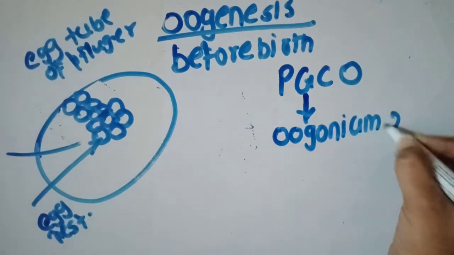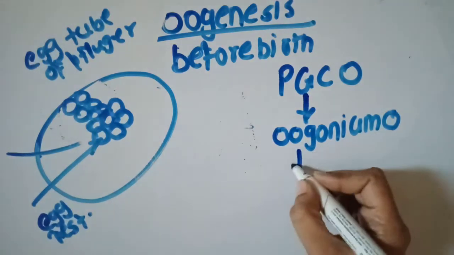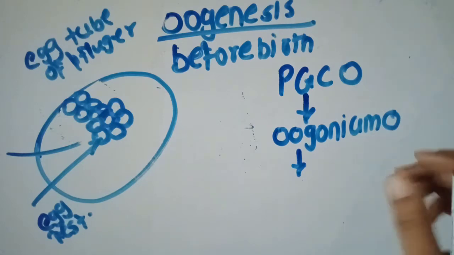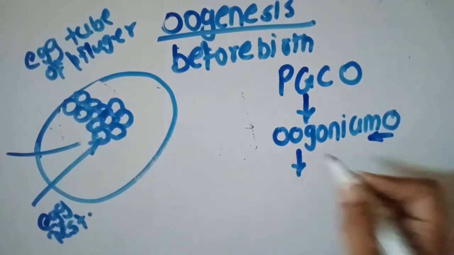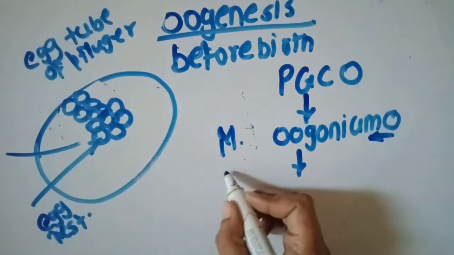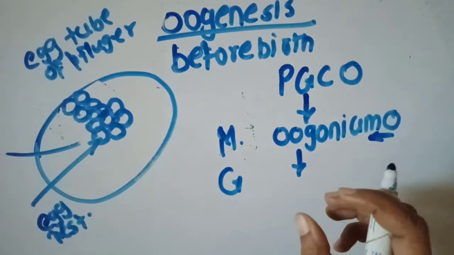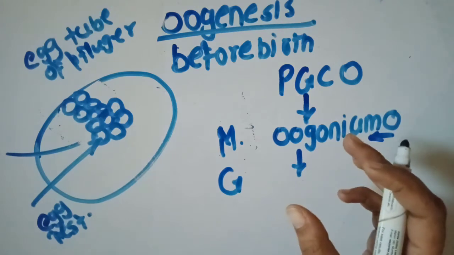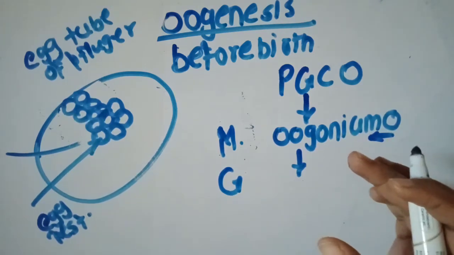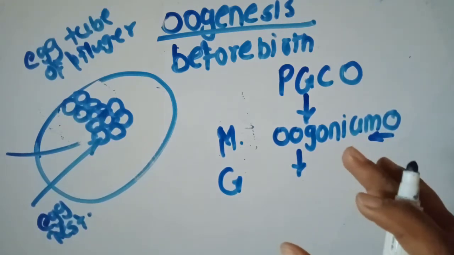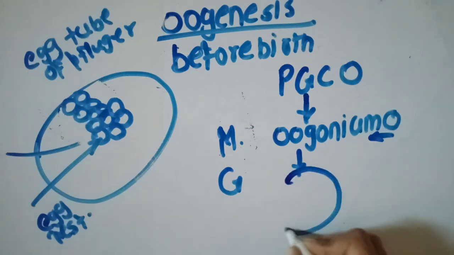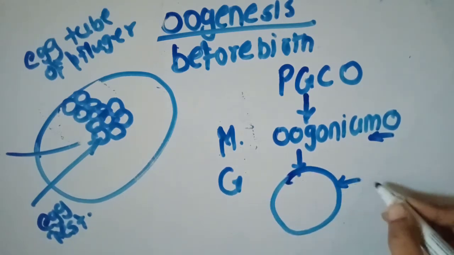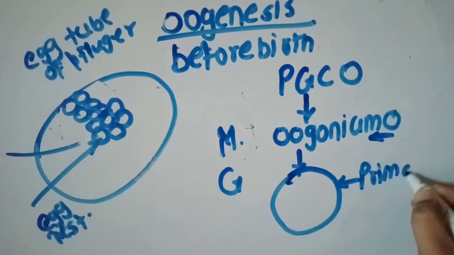And this oogonium enlarges in size. This is the multiplication phase, and here is the growth phase. Now what happens in the growth phase? The cell enlarges, it accumulates food material, and some cell organelles also get developed, for example endoplasmic reticulum, ribosomes, mitochondria. So the cell enlarges in size. This is called the primary oocyte.